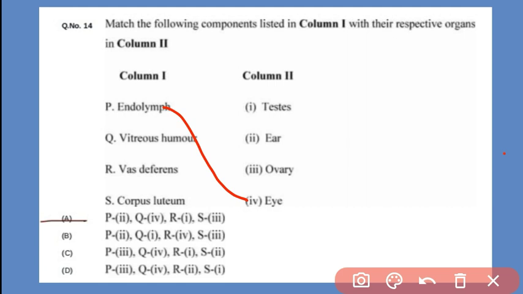Vitreous humor. The vitreous humor is a transparent, colorless gel-like substance located in the posterior chamber of the eye, and it helps to maintain the round shape of our eye and can also help with vision clarity and shock absorbance.